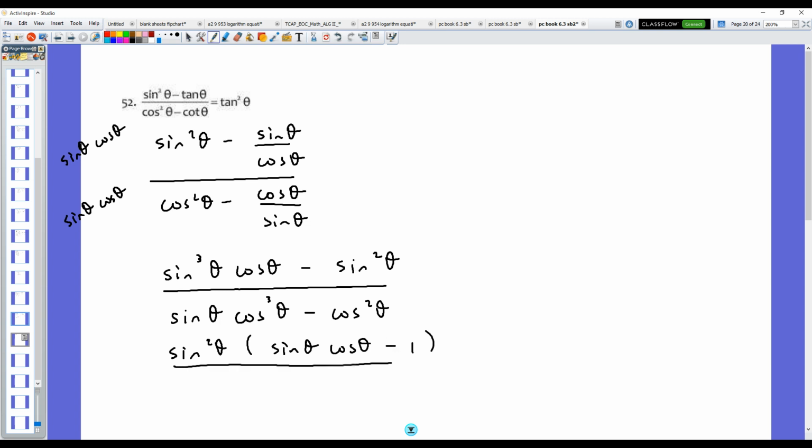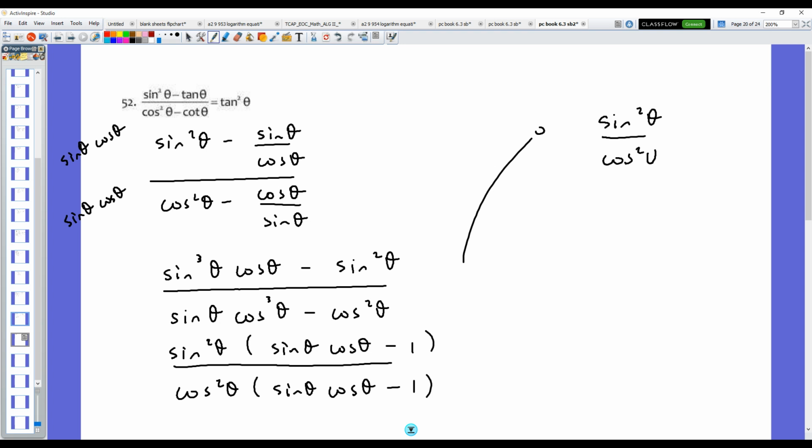On the bottom, factor out a cosine squared, leaves me with a sine. The cube for the cosine drops down to a cosine minus a 1 there. We can get rid of the groups. We have sine squared over cosine squared, and that is tangent squared. That was a very lovely little problem.